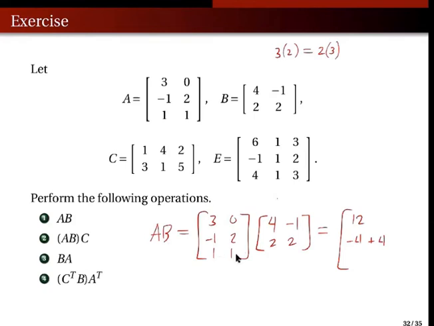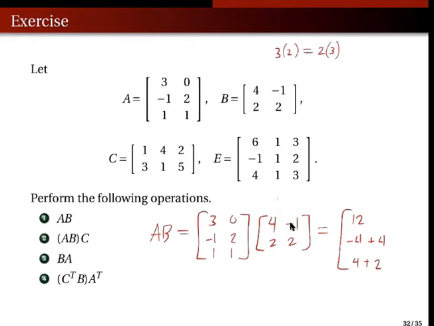Then here, 1 times 4, that's 4, plus 2 times 2, plus 1 times 2, that's 2. So notice, I work on each row of the left matrix and just the first column of the right matrix. So I just have the first row, first column of the product. Now I work on rows and then the second column.